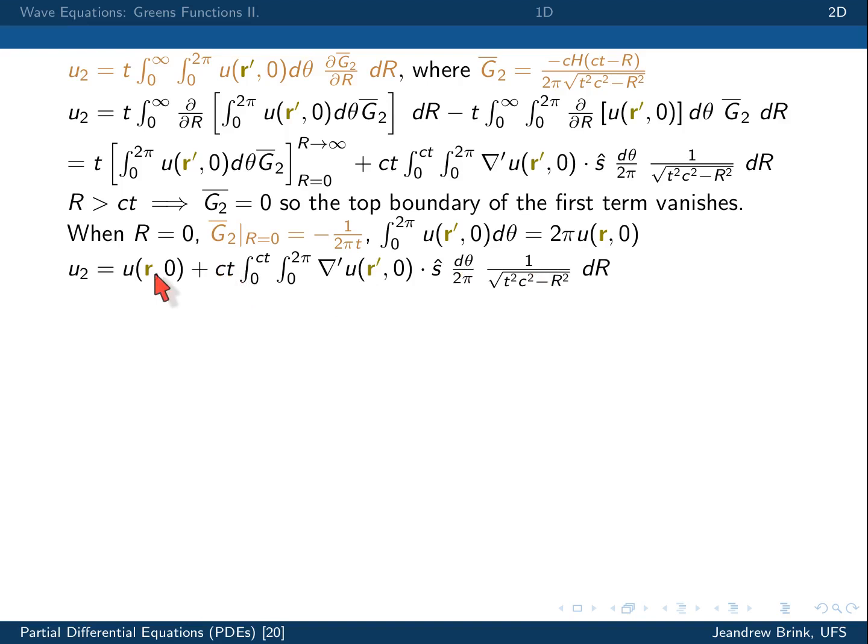So this becomes a very, very rough approximation or expansion, in an average sense, of what the initial function would be at the boundary.